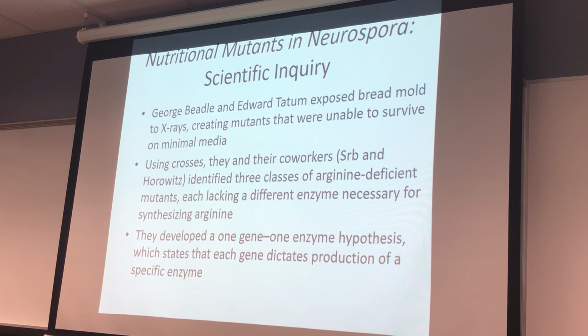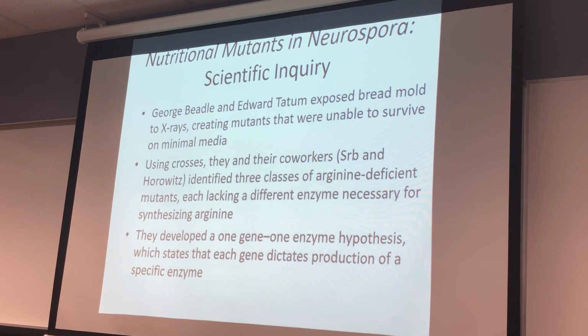They exposed bread mold to X-rays, and that created mutants that were not able to synthesize essential amino acids, arginine, for example, on minimal media. Okay? So you have complete media and minimal media. Minimal media doesn't have arginine. These organisms, this bread mold, need arginine in order to grow and to develop.